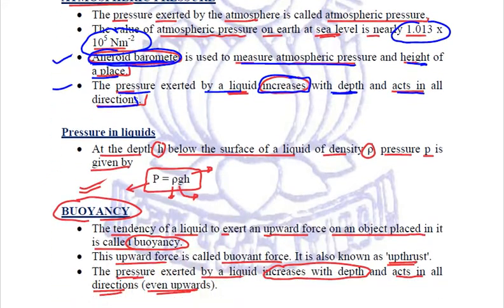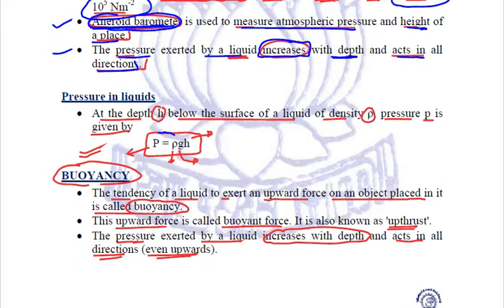This formula will be used in practical based numericals that the pressure exerted by the liquids is equal to rho into g into h. P is the pressure, rho is the density, g is the acceleration due to gravity and h is the height or the depth.